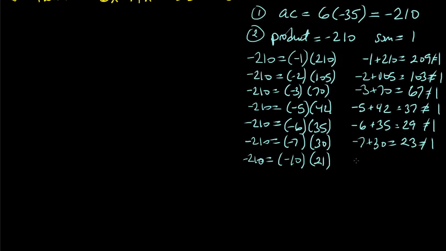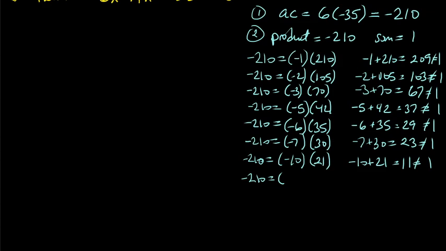Negative 10 times 21. And negative 10 plus 21 is 11, which is still not 1. Okay, let's keep going. Can we divide by negative 11? Nope. How about 12? Not evenly. 13? I don't think so, but let me check. Nope.